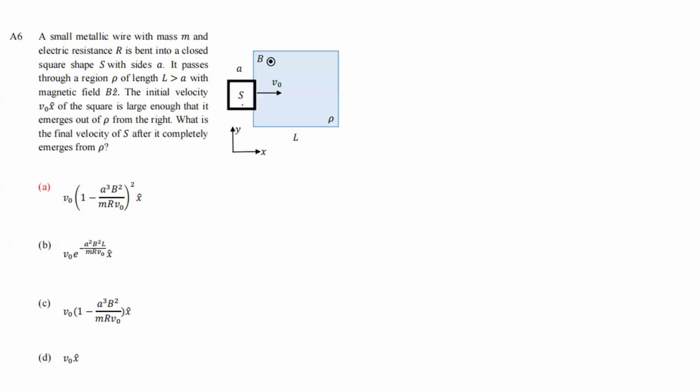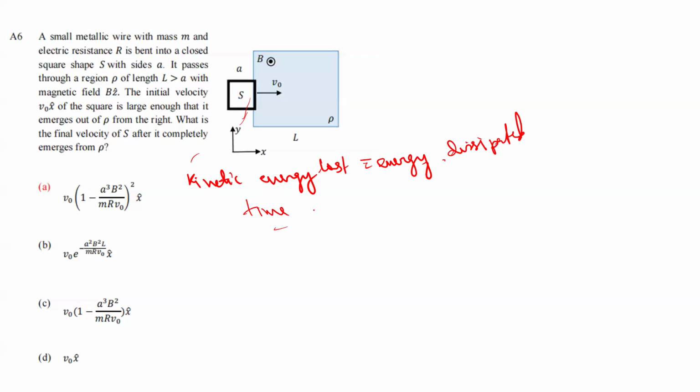So we can write the kinetic energy loss equal to energy dissipated, right? Suppose it takes a time delta t equal to A by v0 to exit, meaning the side A passes through the boundary.